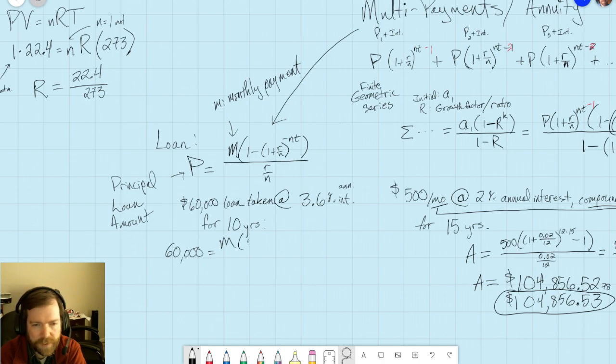We have no idea what that's going to be. It's going to be 1 minus parentheses 1 plus 0.036 over 12, because again, we're going to make monthly payments, to the negative 12 times 10, all over r, 0.036, over n, 12.